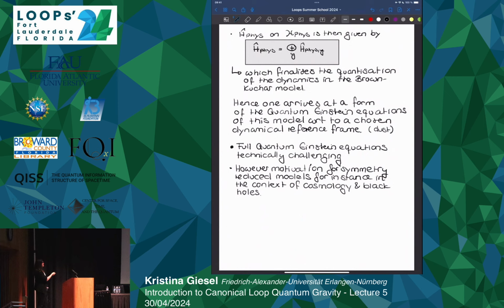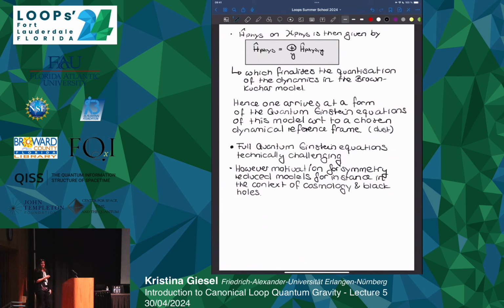And since it's preserving each individual graph Hilbert space, it's also in a sense simpler than a graph modifying operator, which would map from one graph Hilbert space to another. So we have finalized now the quantization of the dynamics in the Brown-Kuchař model.